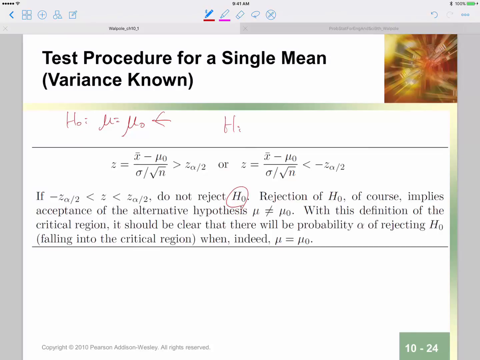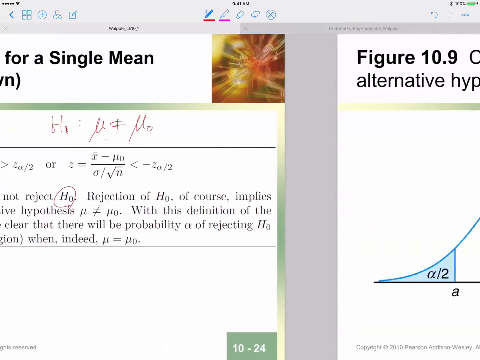And H1 is mu not equal to mu 0. In this case, the sample mean follows the Gaussian distribution, so we can use this standard normal random variable z, and then perform the hypothesis testing just as we saw in the earlier case.